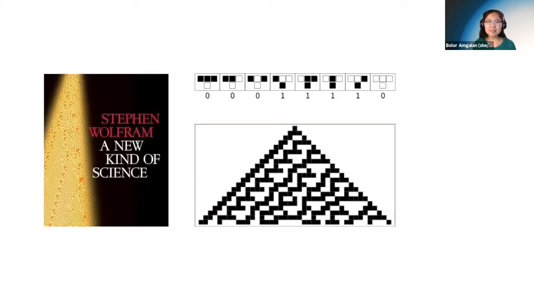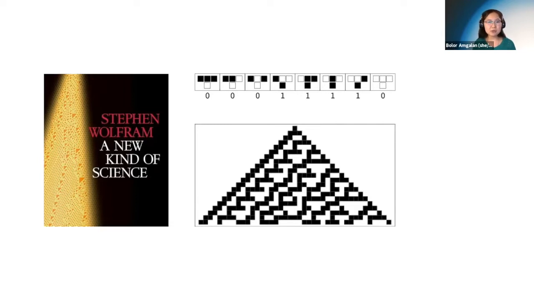So my fascination with code, specifically how code intersects with design, started when I started reading this book called A New Kind of Science by Stephen Wolfram, which is an over 1,000-page book on computational systems.